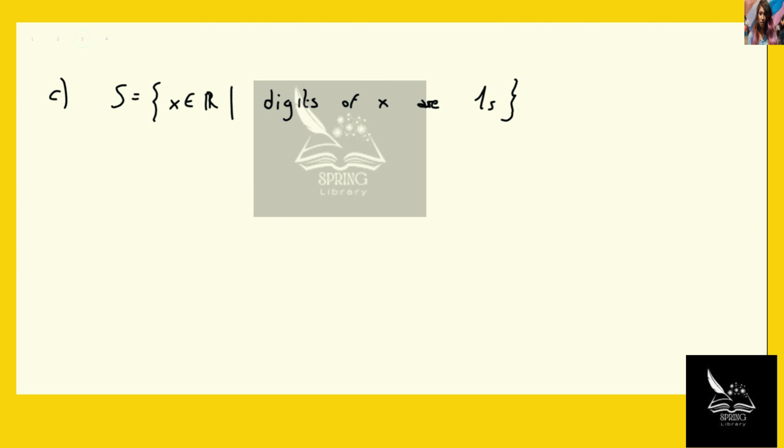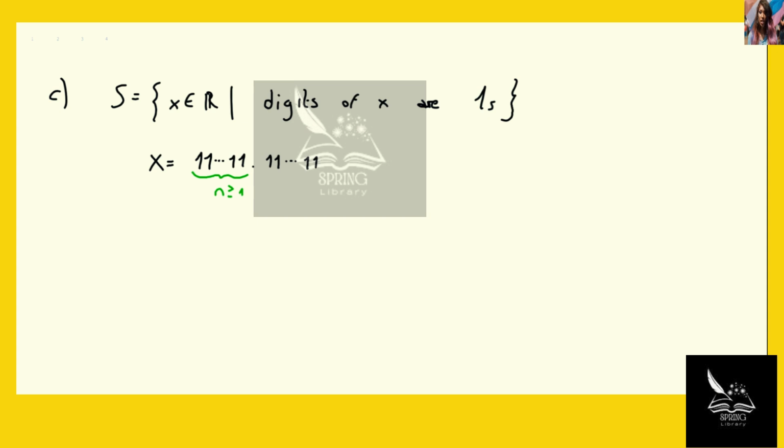Now for the case C, we have all the real numbers whose expansion in decimal contains only ones. So a generic element of this set X will be something like 1, 1, 1 up to the comma, and then a bunch of ones afterwards. So we can divide into the number of ones before the comma, which must be greater or equal than 1, because the number is not allowed to start with 0 point something.